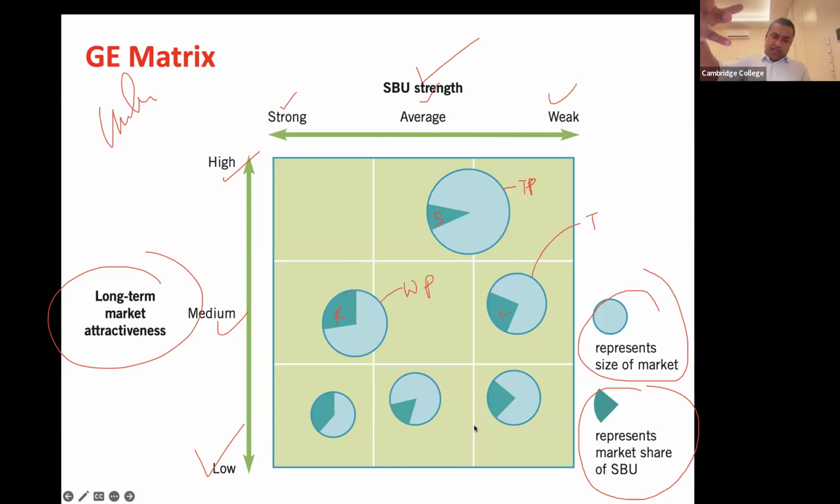Based on the SBU strength, long-term attractiveness, size of market, share within that. So the GE matrix can show many more things than the BCG matrix. Now, in some cases, students use both the GE matrix as well as the BCG matrix.